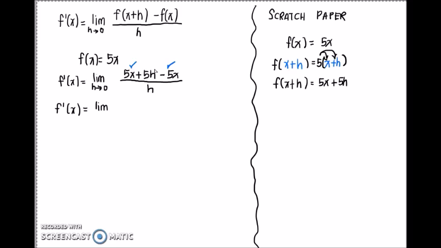And then, what will remain is just the 5h over h as h approaches 0. Again, if we evaluate this limit, what we will get will eventually be 0 over 0, which is indeterminate form. So, hindi pwede yun.